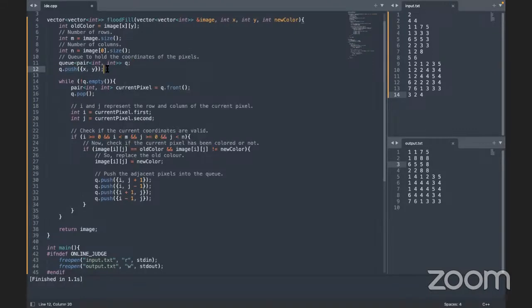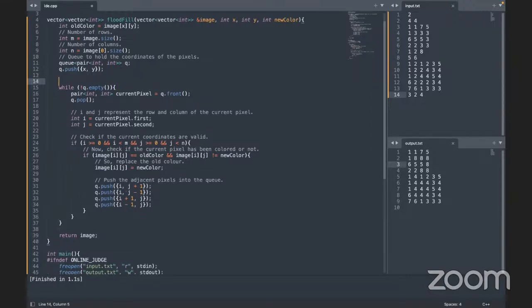Starting, this is our 0th iteration. At the 0th iteration, as you remember, we push x comma y into the Q, and this is where our BFS starts. While Q is not empty, as I said earlier, we have to run BFS.